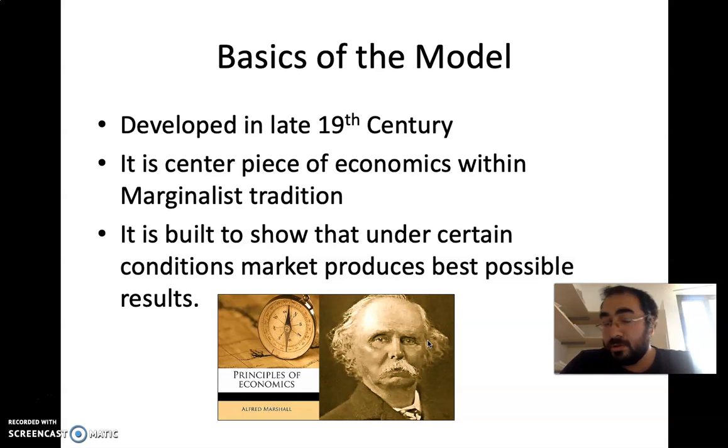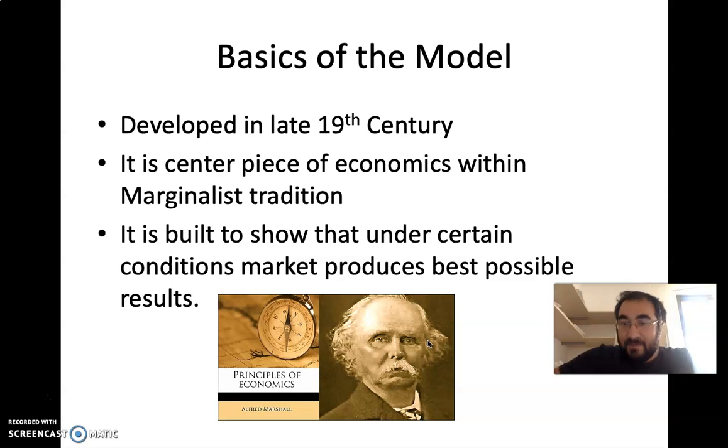Today we will look at why this might be the case when some assumptions are violated, but we will also look at some other violations in the last microeconomics topic, which is monopolies and imperfect competition. That's the main motivation of the model: showing that under certain conditions, the market produces the most efficient results.